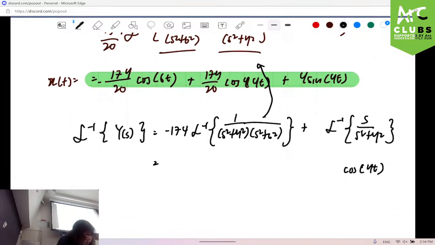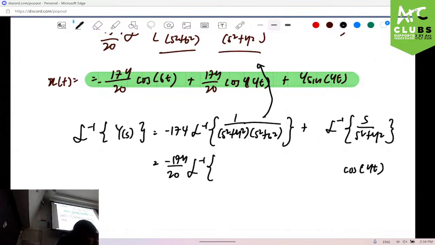So it's just going to be minus 174 over 20, Laplace inverse of minus 1 over s squared plus 6 squared plus 1 over s squared plus 4 squared.